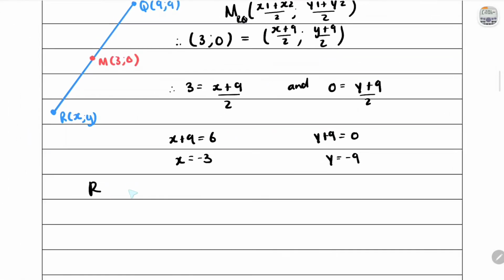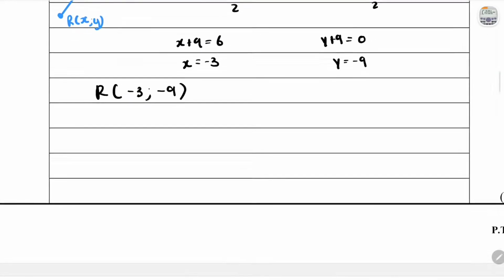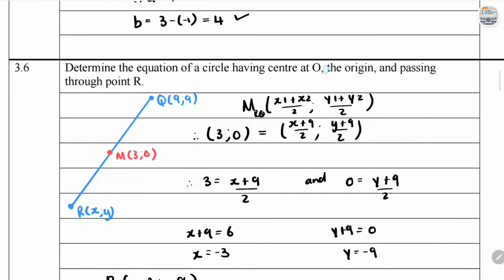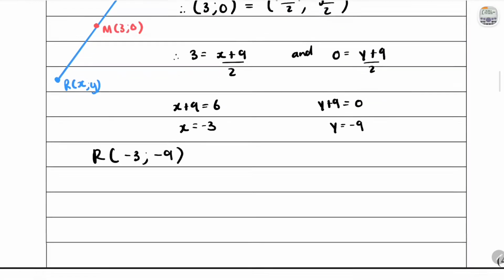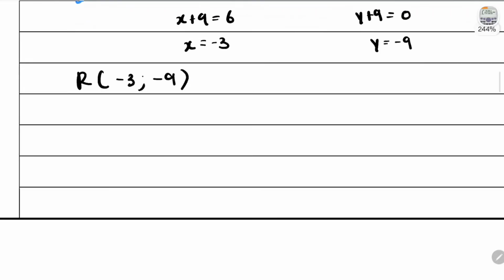Now that we have the point R, we can find the equation of this circle. R is (negative 3, negative 9). They told us this circle has its center at the origin, and it passes through R. The equation of a circle is (x minus a) squared plus (y minus b) squared equals r squared.